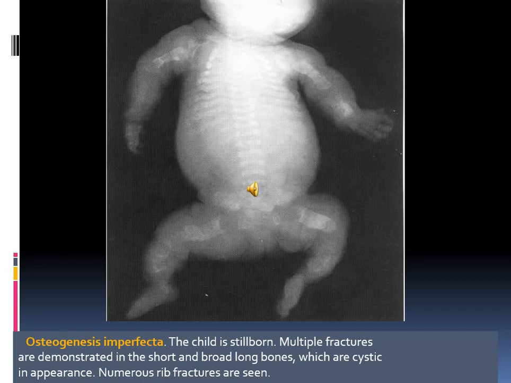This plain X-ray is taken for the whole body of a neonate, which is in fact a stillborn neonate. What we can see in this image is a generalized decrease in bone density, with abnormality mainly seen in the upper limbs and lower limbs, also in the form of multiple fractures, different in size and in areas which appear to be cystic in nature, and even the ribs to some extent are involved.